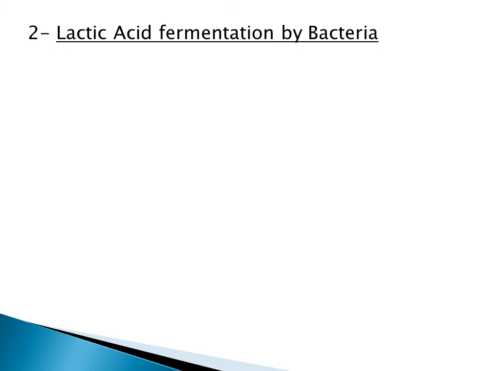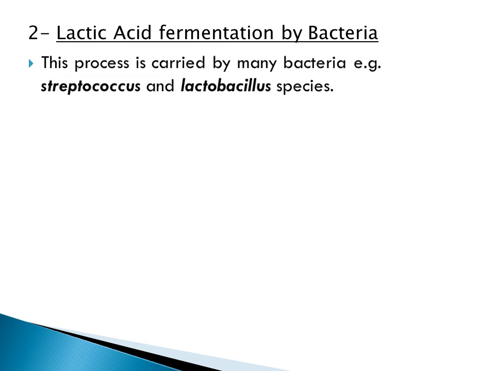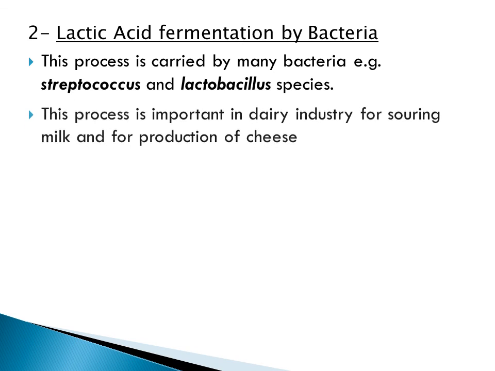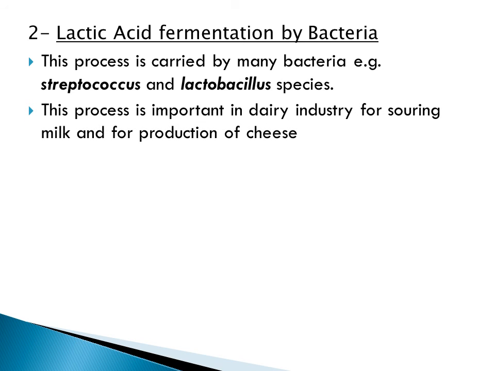The second type of carbohydrate fermentation is lactic acid fermentation by bacteria. As the name indicates, in this fermentation lactic acid is formed with the help of bacteria. The Streptococcus and Lactobacillus species of bacteria are responsible for the formation of lactic acid, and this process is really important in the dairy industry for souring milk.